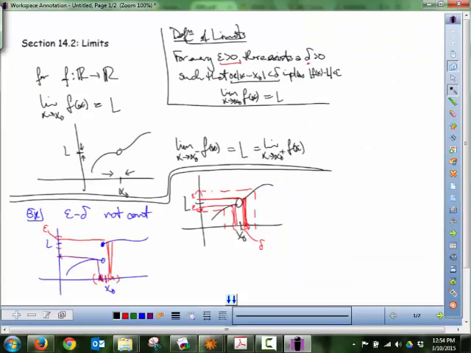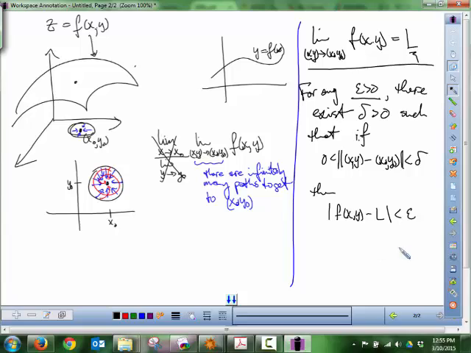So, for every epsilon bigger than 0, there exists delta such that 0 less than the absolute value of x minus x naught, so that's basically saying the distance between your scalar x and your scalar x naught less than delta, implies that the absolute value of f of x minus L is less than epsilon. Okay, so you see how that is exactly the same as this business. So it's exactly the same thing.